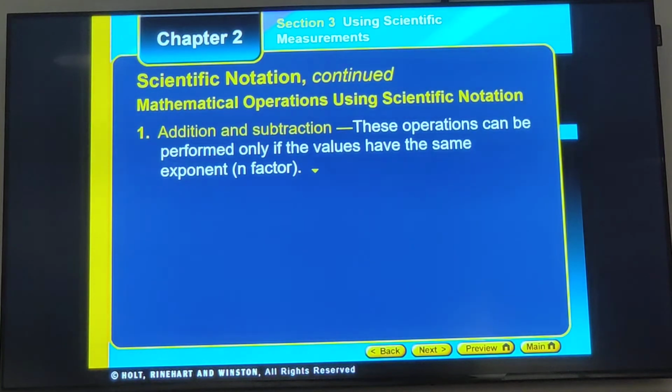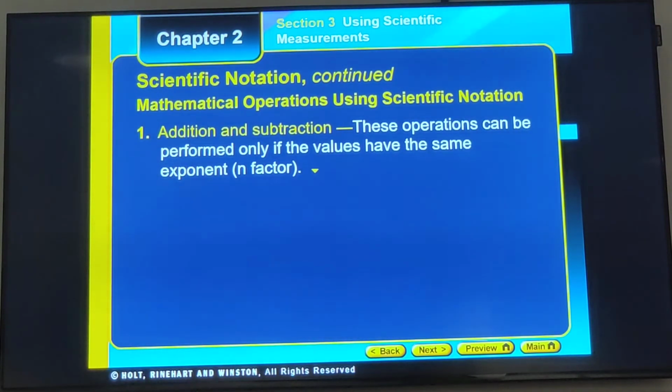So when you're performing addition and subtraction, these operations can be performed only if the values have the same exponent. In other words, you have to change them so they both have the same n, the same power of 10. If one of them is -3 and the other one is -5, I have to either make both of them -5 or both -3, otherwise I won't be able to do it correctly.